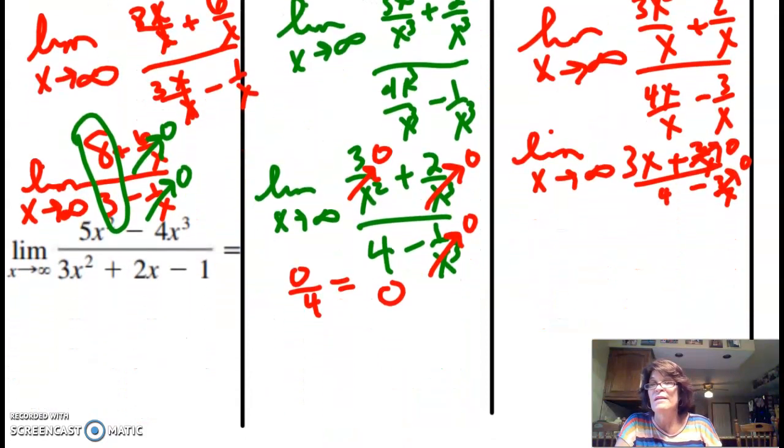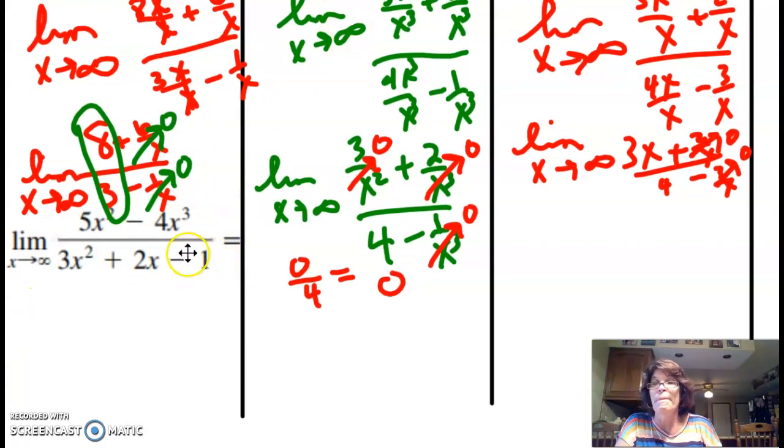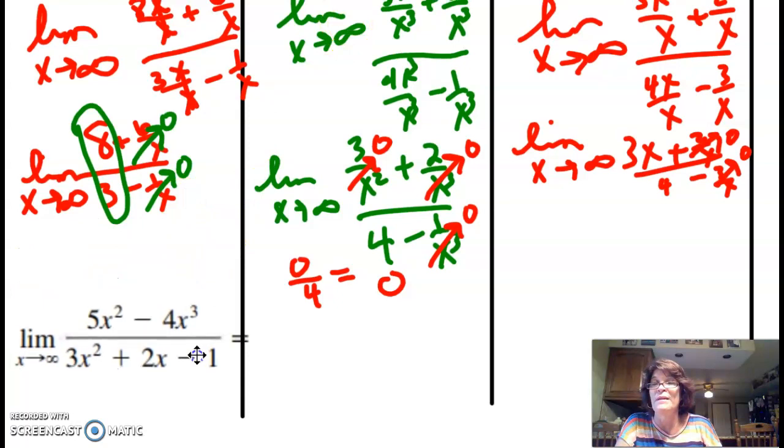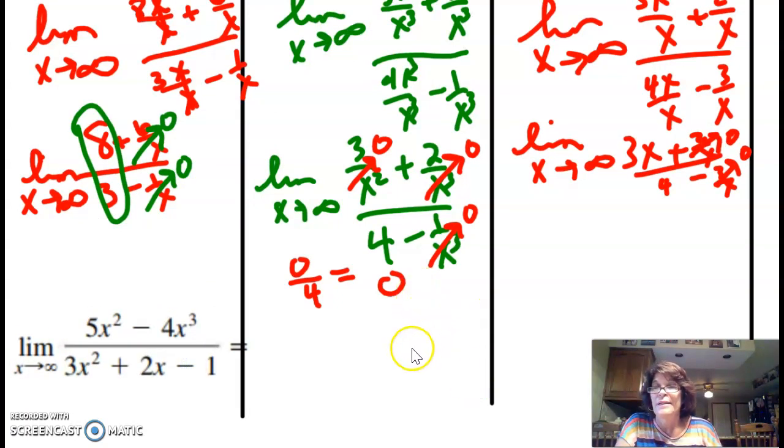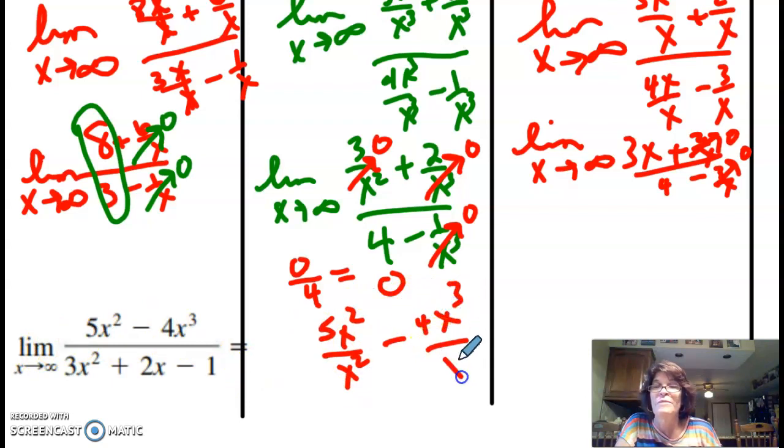Let's try this one down here. I'm trying to show you all different things that happen. The biggest power is x squared for this one. So I'm going to divide by the biggest power in the denominator. I'm sorry, I'm not writing the limit. I really should be, I just don't have enough room. I'm dividing by the biggest power in the denominator and taking the limit of each.